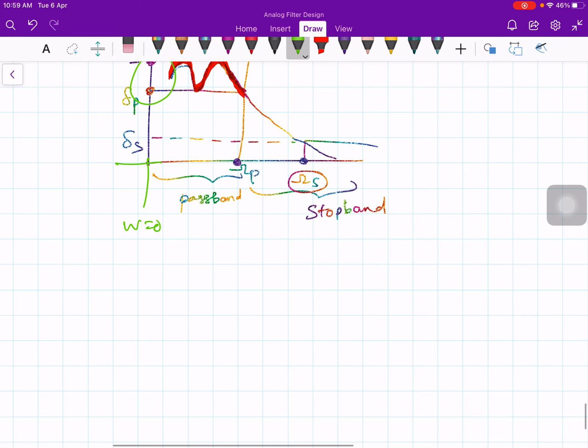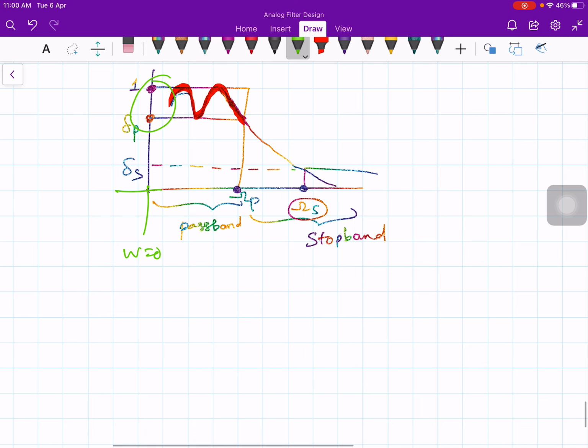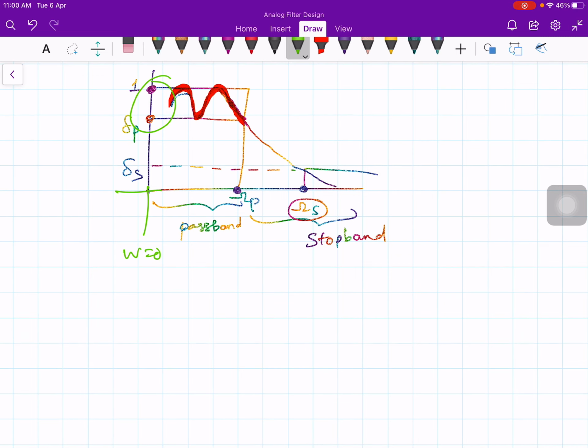So it has equal ripples in the pass band, and it is monotonic in the stop band. Unlike Butterworth, it is not a monotonic filter. It has maxima and minima between the two limits.